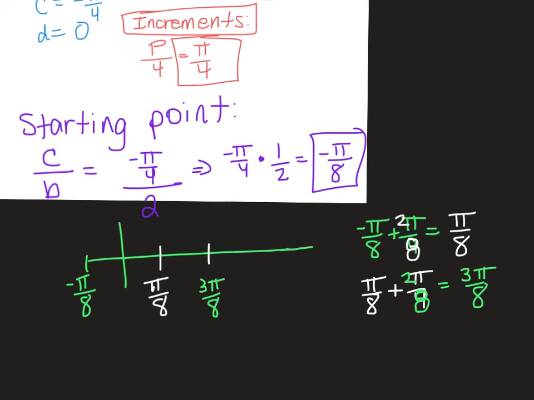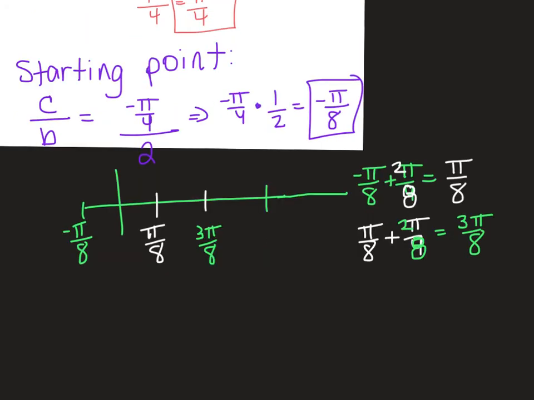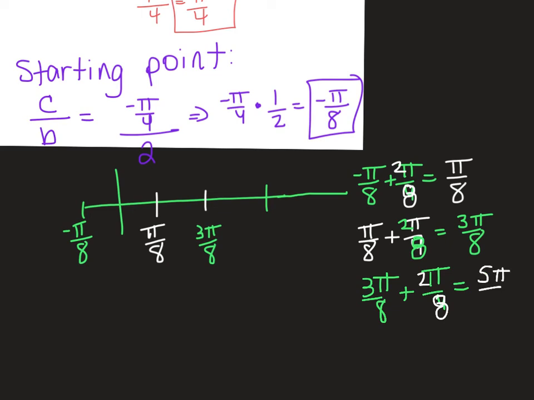All right, let's do another tick mark. I say 3 pi over 8, and I add another what to it? Pi over 4. So if this becomes an 8, this becomes a 2. So I have 5 pi over 8, right? Let's find another one.